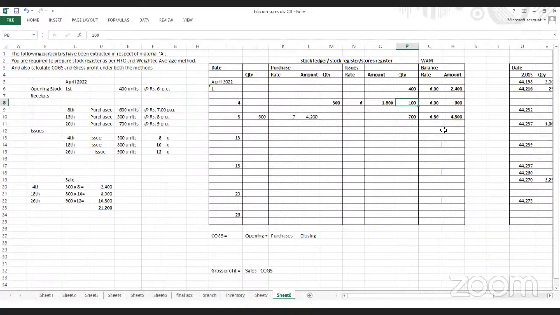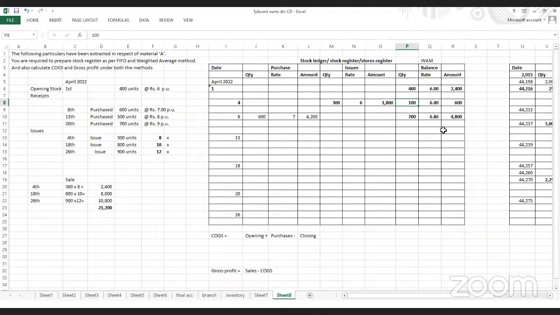I added 600, so I got 700 units. Similarly, I'll add amount also, 600 plus 4,200, 4,800. Now to get rate, I'll divide the amount by the total quantity. Clear? 4,800 divided by 700. We got 6.86 as my new rate. Clear?